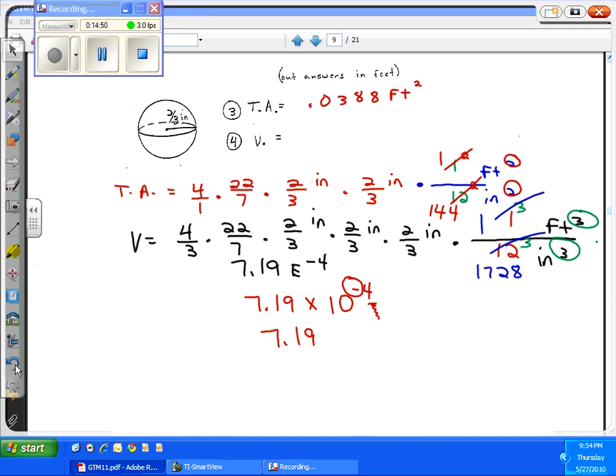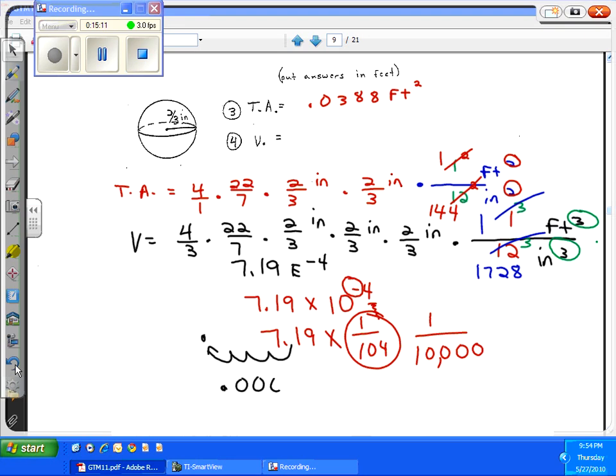So what we're mentally thinking here is times 1 over 10 to the 4th. 1 over 10 to the fourth is 1 over a 1 and 4 zeros. So we're actually dividing by 10,000, which shifts that decimal 4 places to the left. So we're going to have 0.000719 cubic feet.